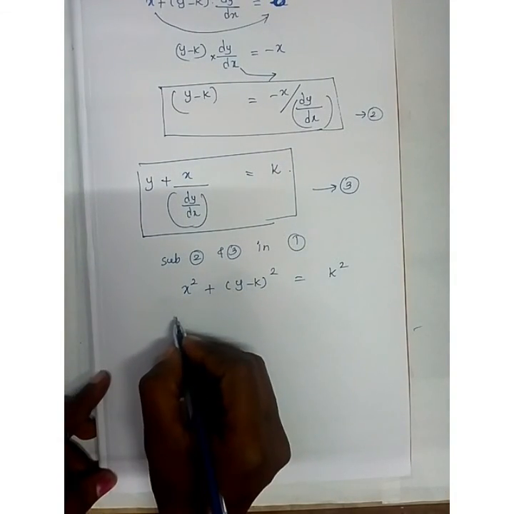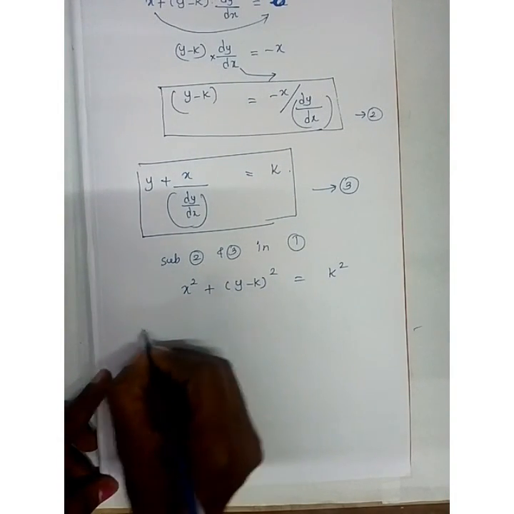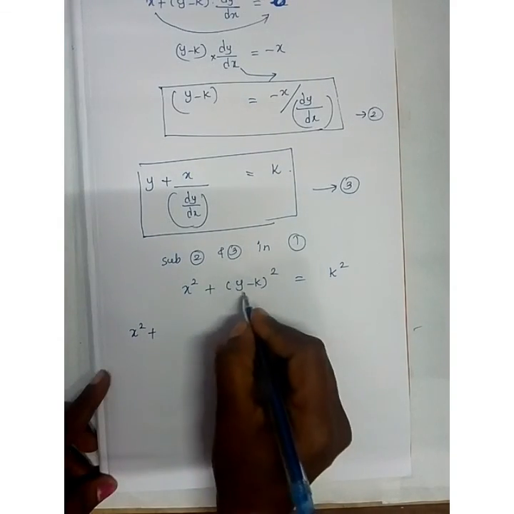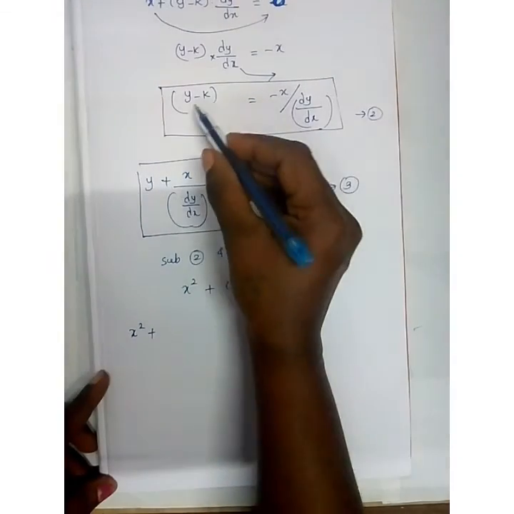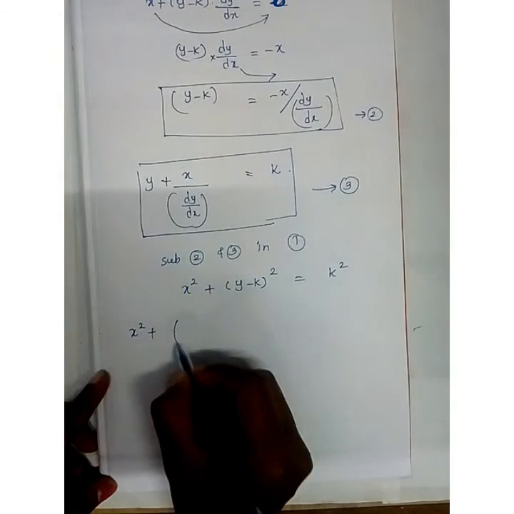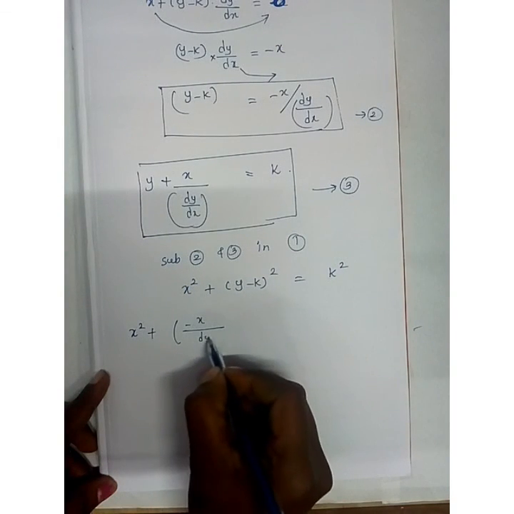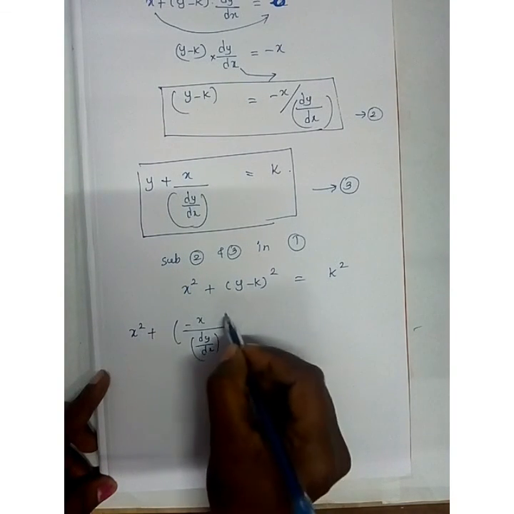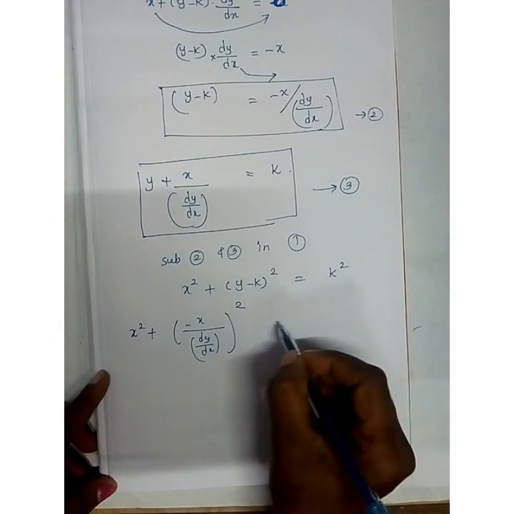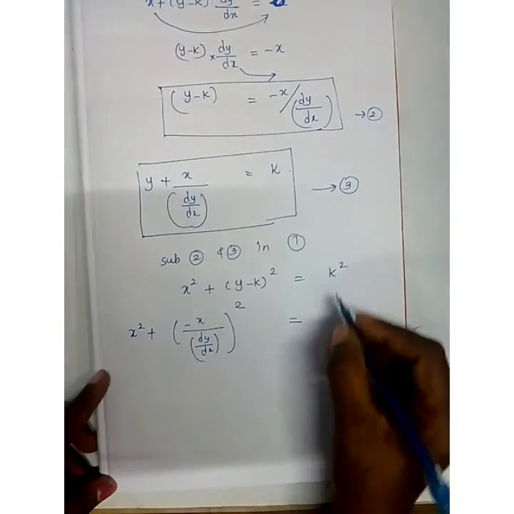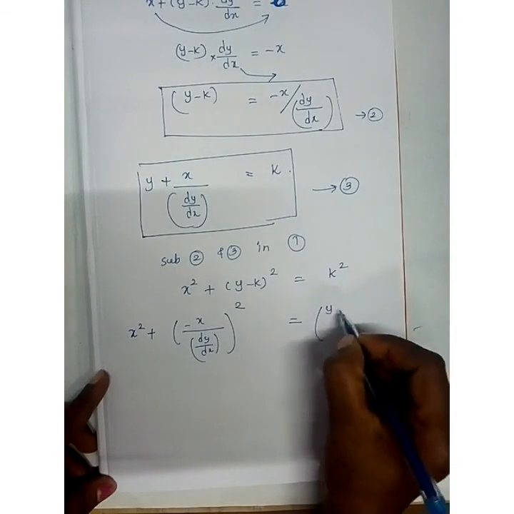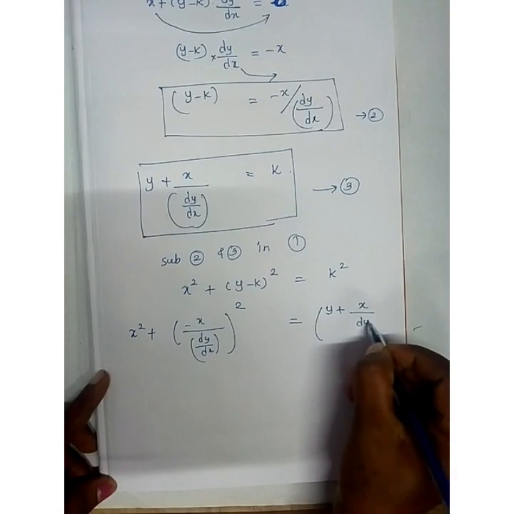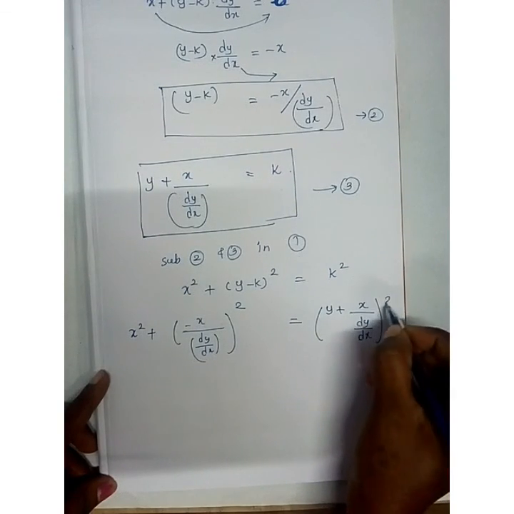Now I am going to apply: x square as it is, plus (y minus k) whole square. We know the y minus k value, that is minus x divided by dy by dx, whole square, which is equal to the k value, that is (y plus x divided by dy by dx) the whole square.